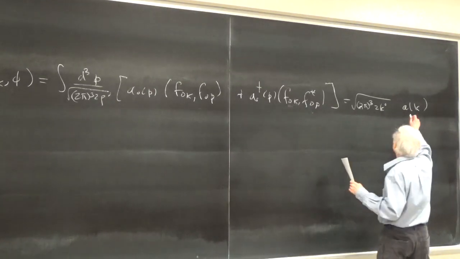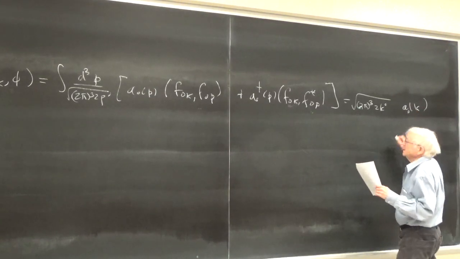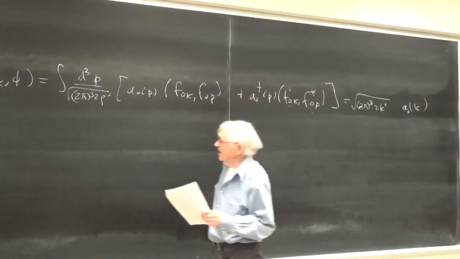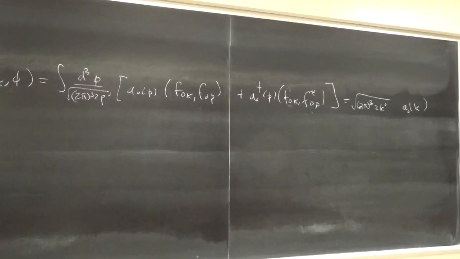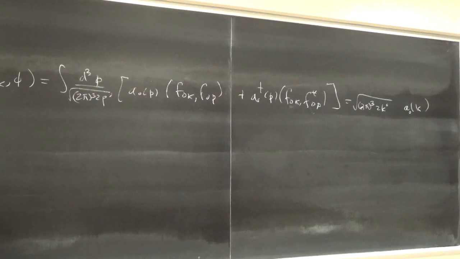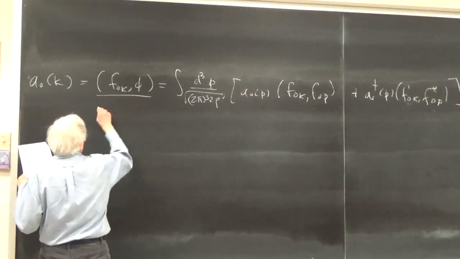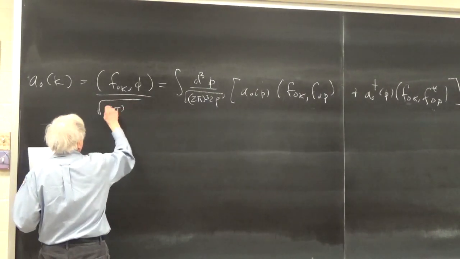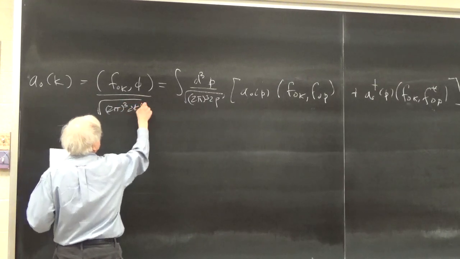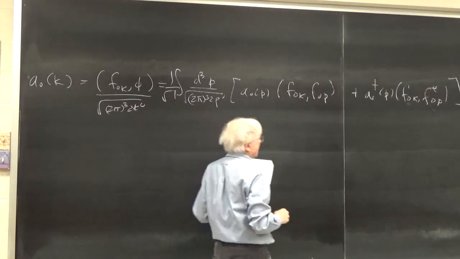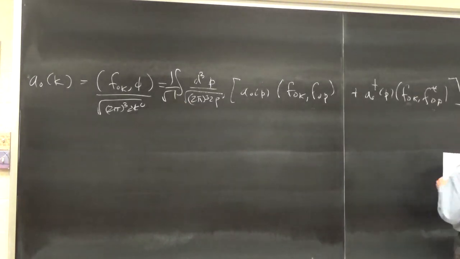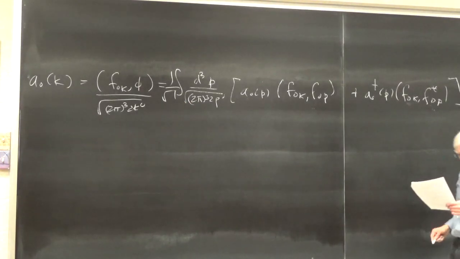And so I should have written this as that A0 of k is this over square root (2 pi)^3 2k0, and so divide by 1 over that square root, and so then we cancel that square root at the end.